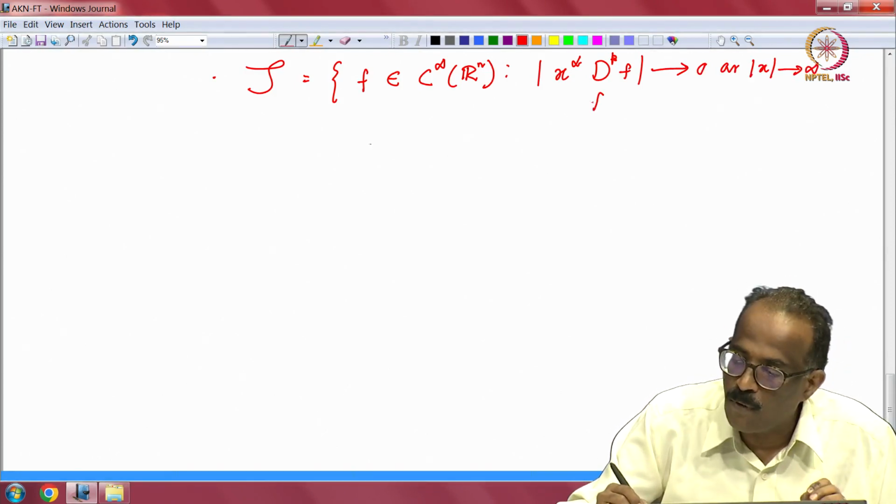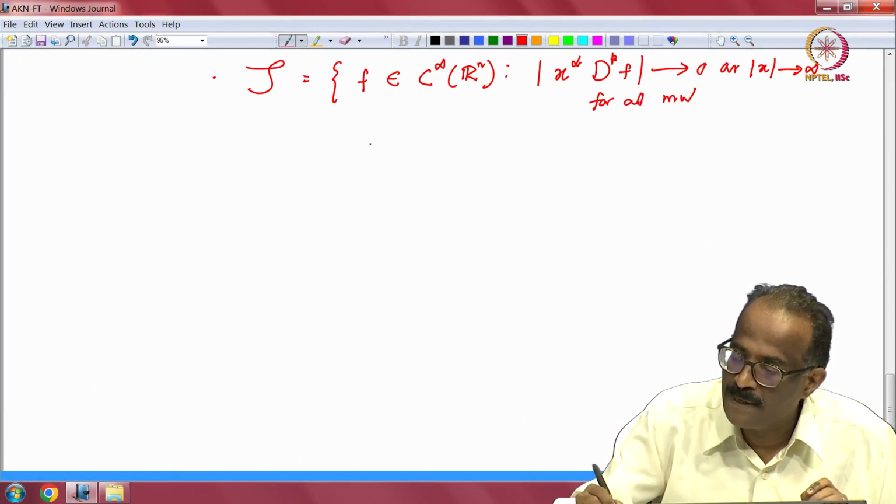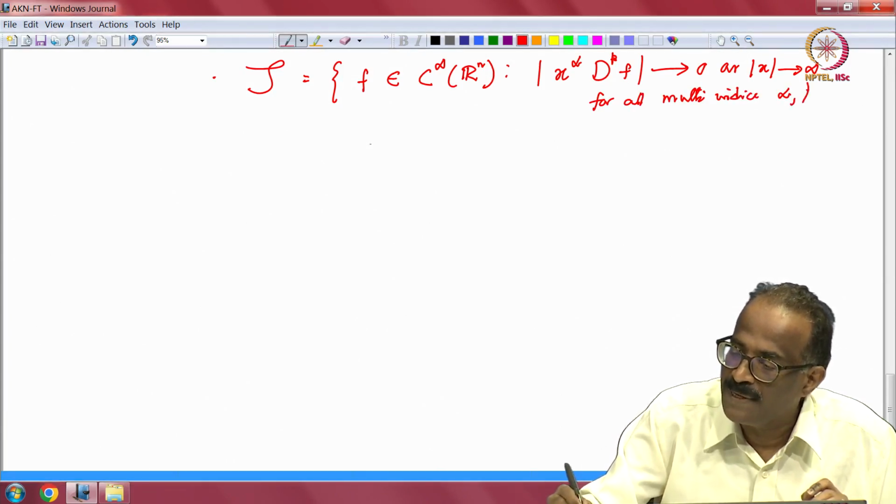This is for all multi-indices alpha, beta. Such functions f.